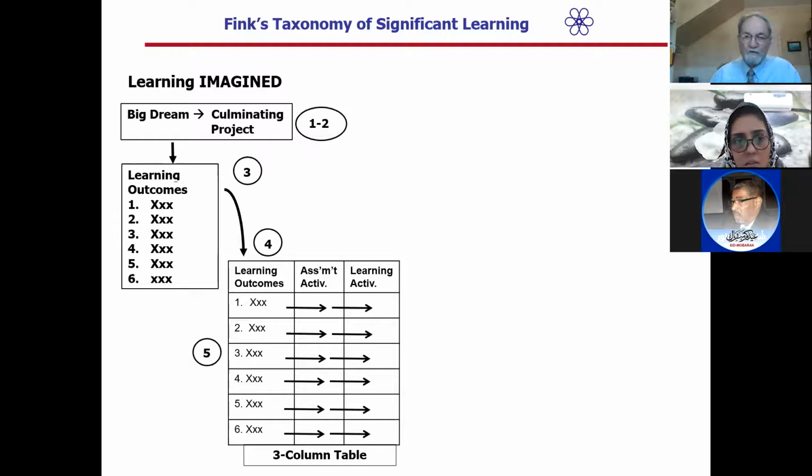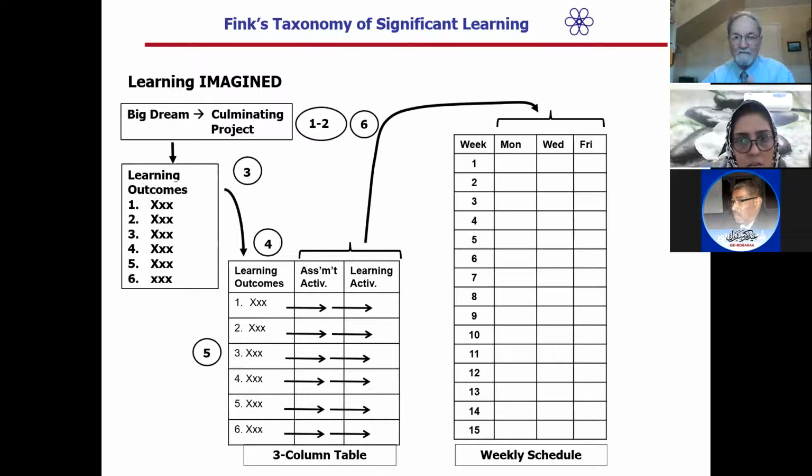But you work through the 3-column table. And that gives you the first level of integration. Your learning and assessment activities are integrated with your desired learning outcomes. Once you have done that, then you're ready for the next step. And that's to take not the learning outcomes, because they're not activities, but the next 2 columns, all those activities in those 2 columns of the 3-column table, and you put them into what I call the weekly schedule.